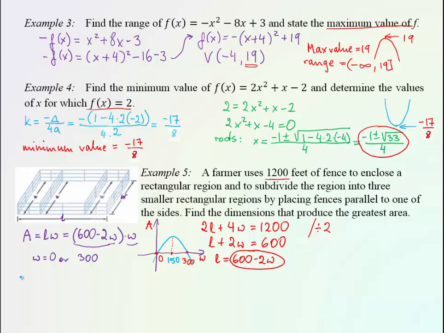Okay, so we can give the final answer, the W with the subindex maximum. W that produces the maximum area is 150. Therefore, the length that produces the maximum area is, and we need to follow the formula for the length, which is here, 600 minus 2 times 150, which gives me 300.